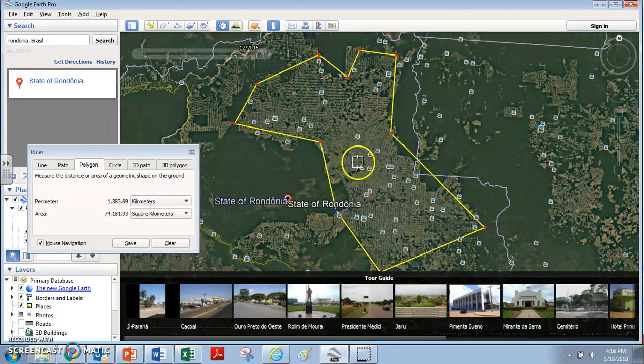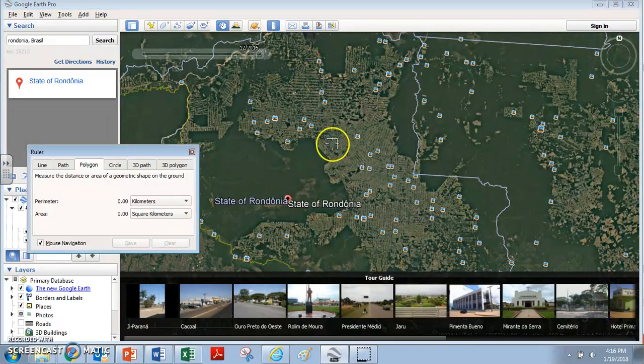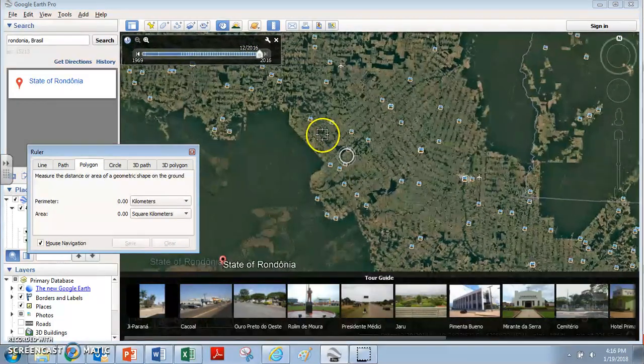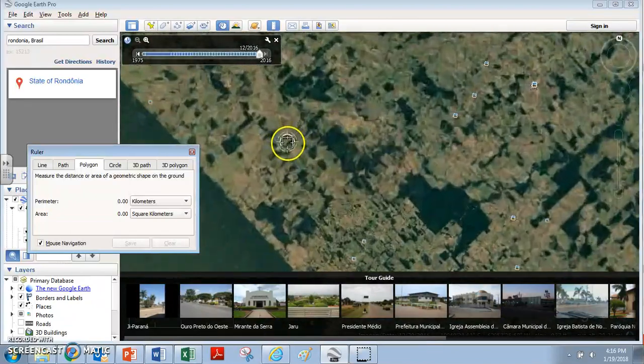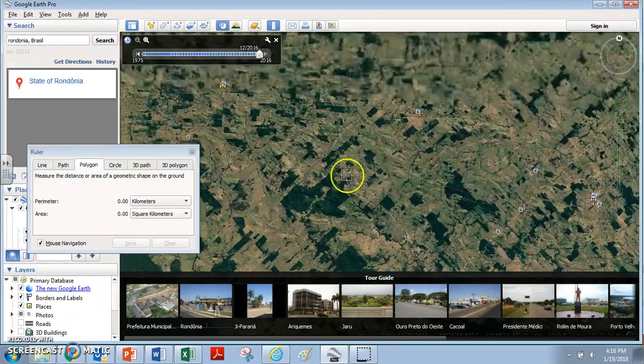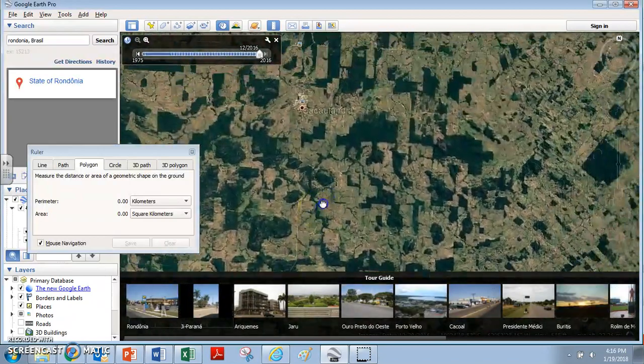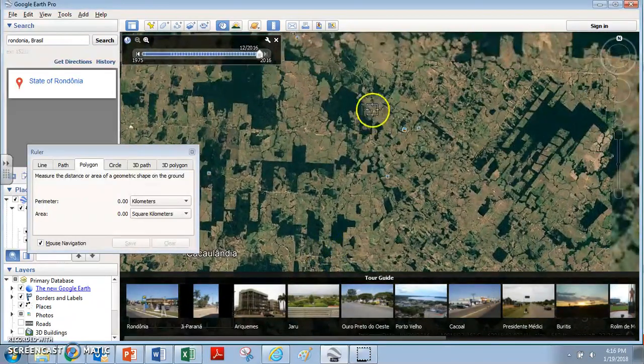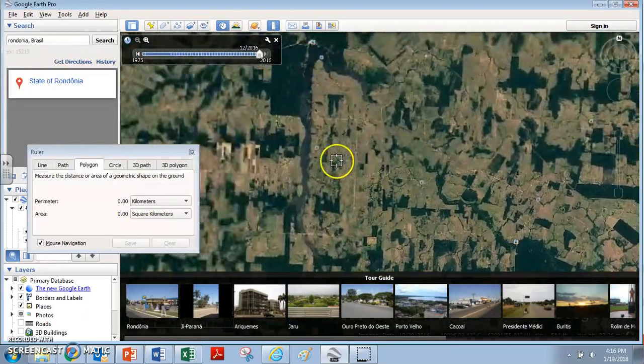If we zoom in and take a close look, it's actually not a city like it might look. This is fields. This is farmland or grazing where we can graze cattle. It's not a city. It's not asphalt.